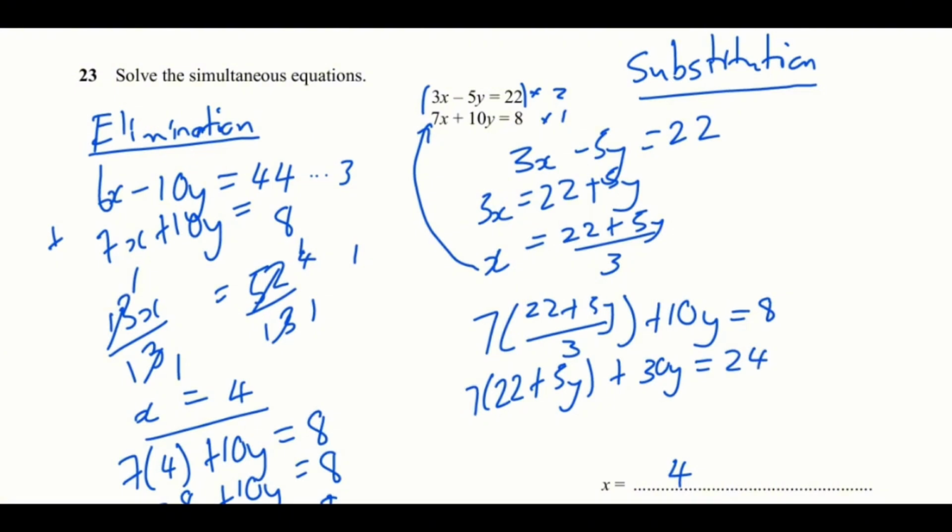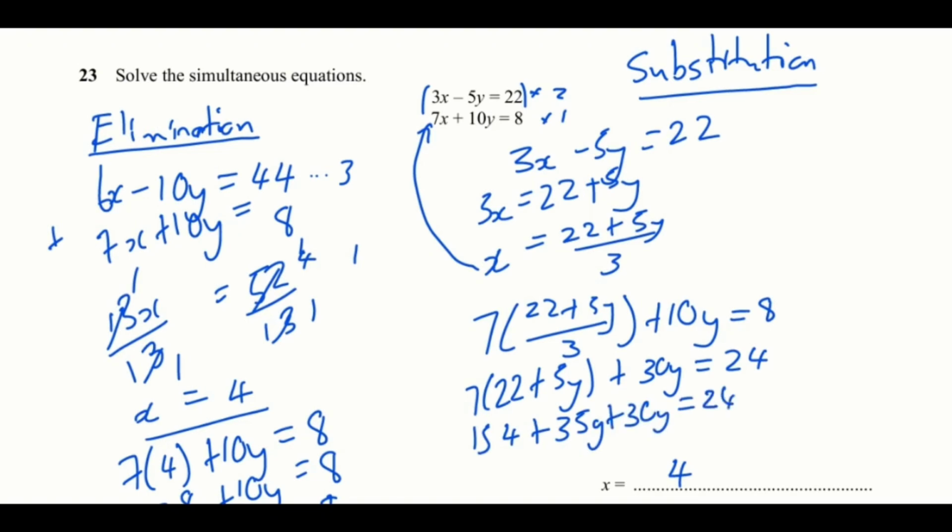Next, I expand to find the value of y. It's a bit longer, but we'll just do it. 7 times 22 is 154, plus 35y plus 30y equals 24.